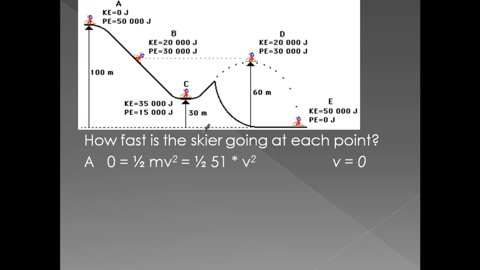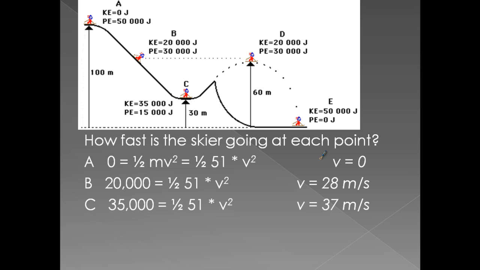So at point A, we're trying to figure out how fast he's going. We know at point A, he's going 0 because he's not moving. He has 0 kinetic energy. At point B, his kinetic energy equals 20,000 joules. So we plug that in, 1/2 times mass times velocity squared, solve for velocity, we get 28 meters per second.